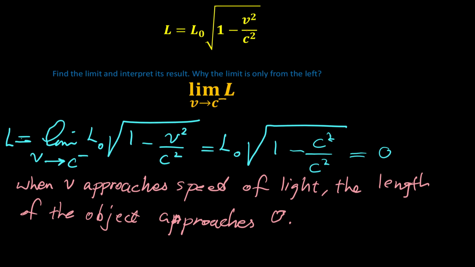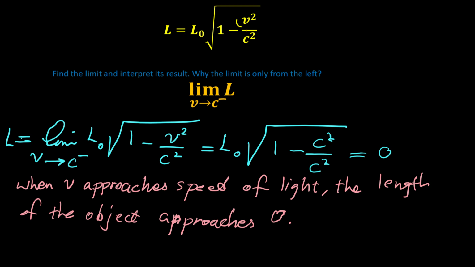The next question is why the limit is only from the left. One reason we can give is from a mathematics perspective. If you look at this equation, this expression is under a square root, and we know that anything under a square root should be greater than or equal to 0.